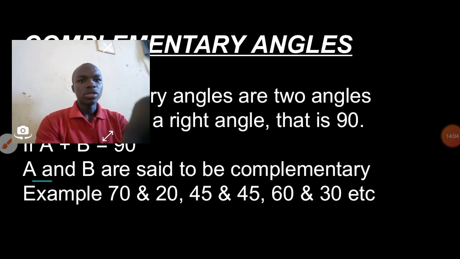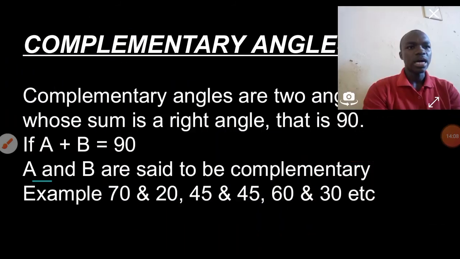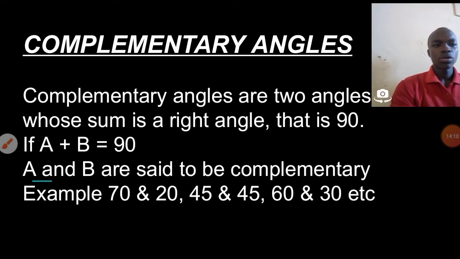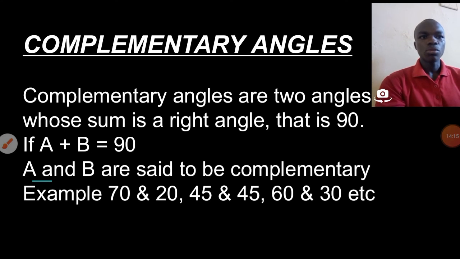Okay, so the next thing there we have is complementary angles. So what are complementary angles? Complementary angles are two angles whose sum is a right angle, that is 90 degrees.